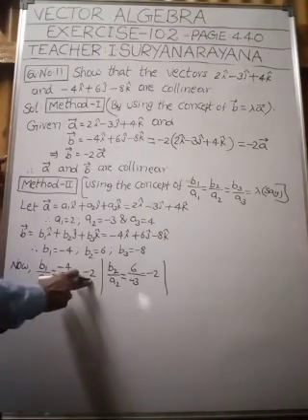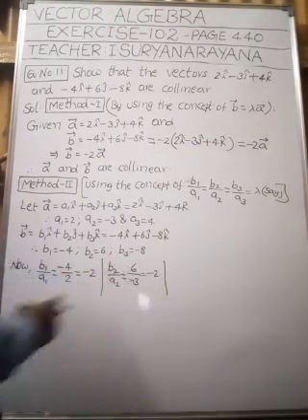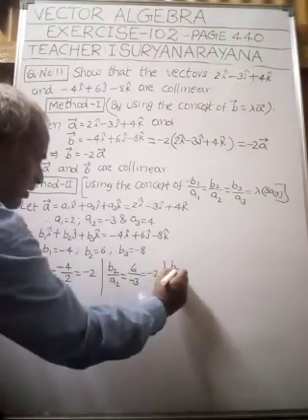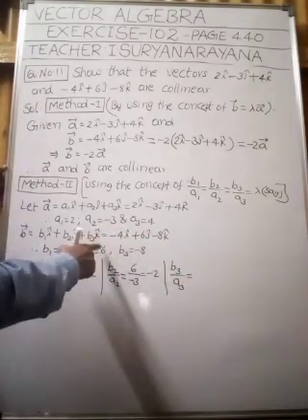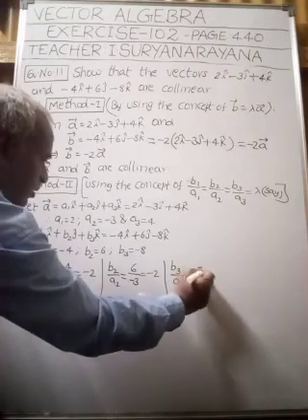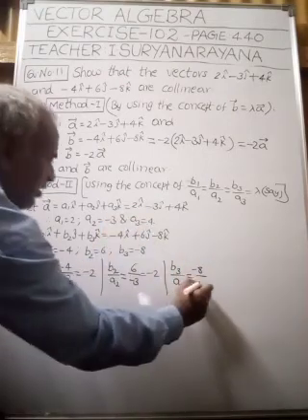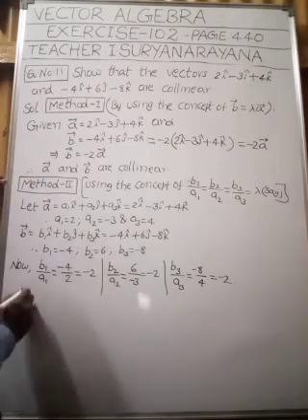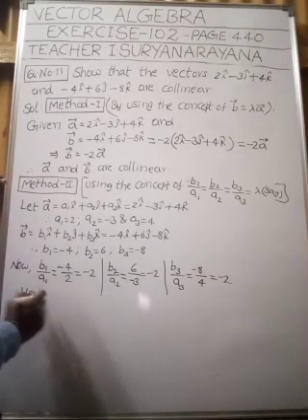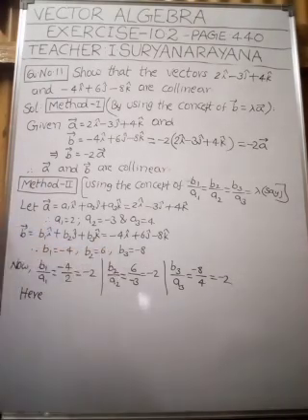This ratio is minus 2 and this ratio value is also minus 2. Similarly, b3 by a3. What is b3 here? Minus 8 by what is a3? 4. What will you get here? Minus 2. So here, understood this statement, children? Right.